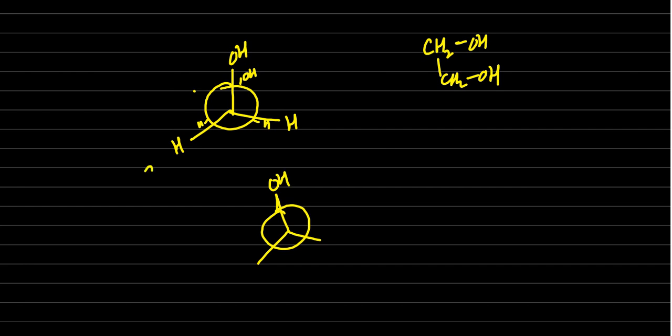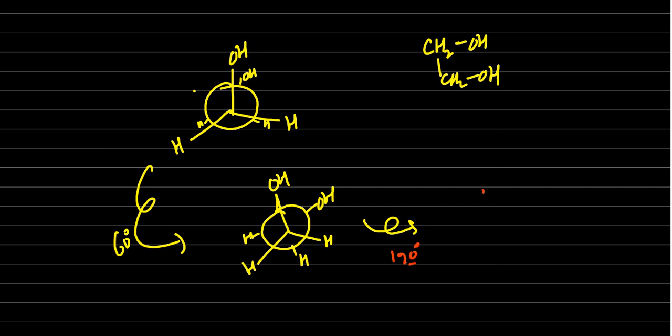After 60 degrees, the gauche form I am writing here. Remaining all are hydrogens. Then again 60 degrees, so I am taking directly 120 degrees. Suppose I write here OH and OH, then H. Now you tell me which is more stable, 1, 2 or 3.